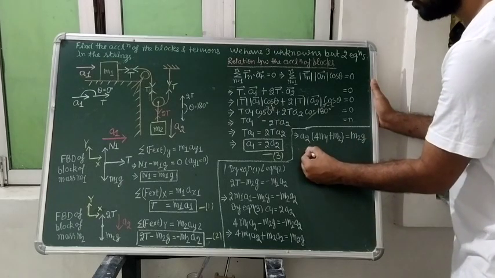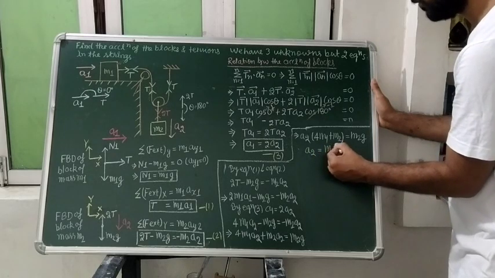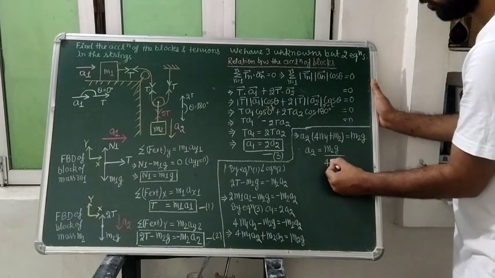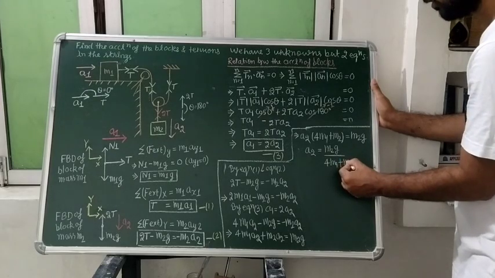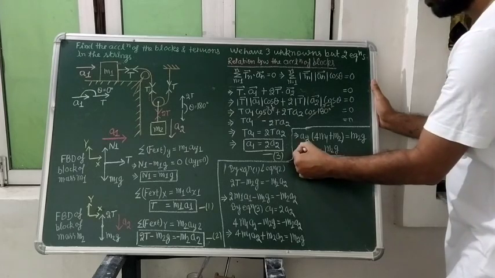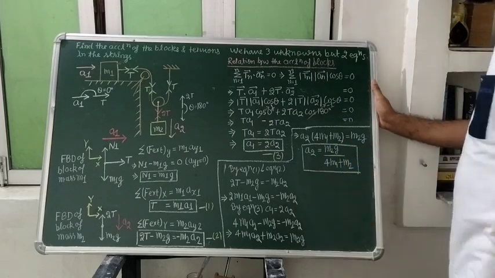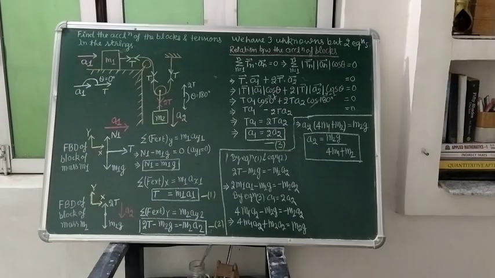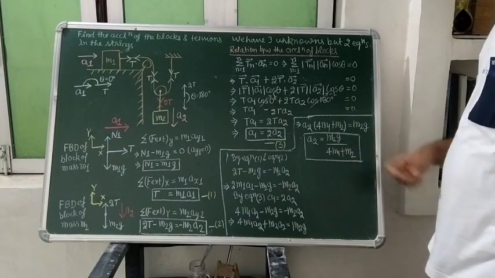So of course students, our a2 should be equal to what? m2g divided by 4m1 plus m2. Okay. So we have come to know what a2 is here.